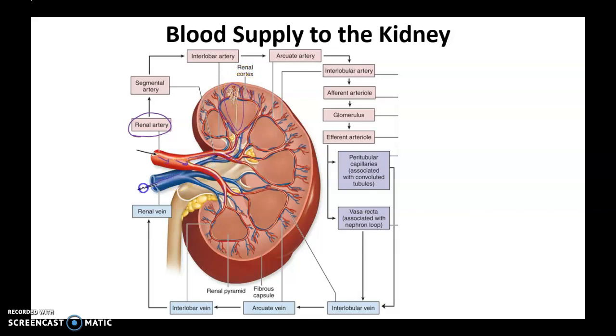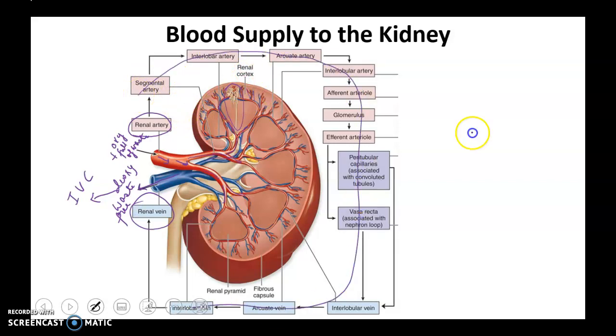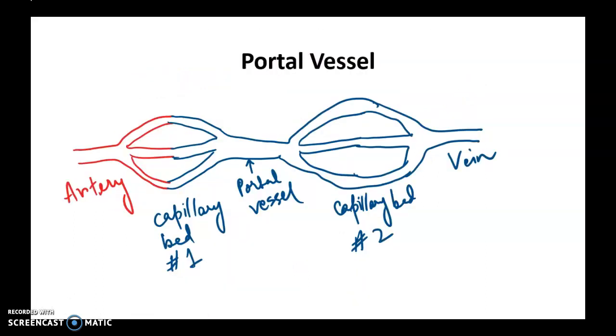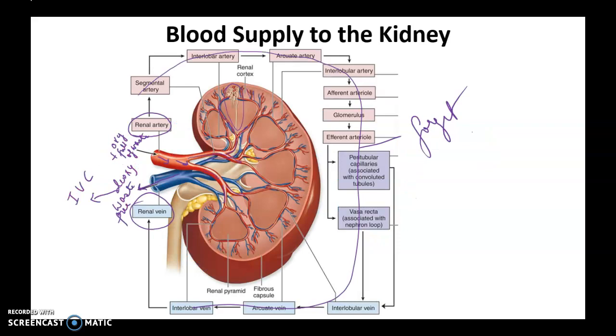These veins carry the deoxygenated, waste-free blood and dump it back into the inferior vena cava. So the blood that goes in is oxygenated but full of waste. You get this, right? At this point, I just want you to focus on the renal artery, renal vein, and the nephron. All these other names, forget. Don't worry about that.